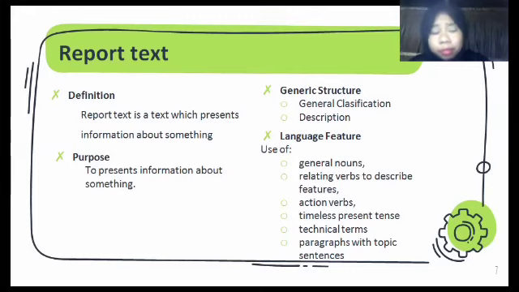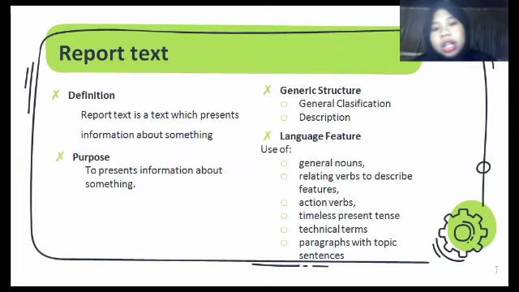For example, corona cannot fly, or corona can move, something like that. Fourth, use of timeless present tense to indicate usualness. For example, tropical cyclones always begin over the sea.